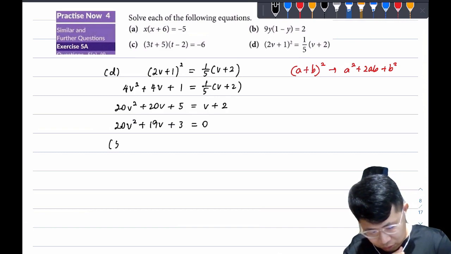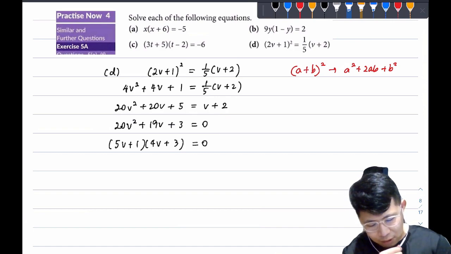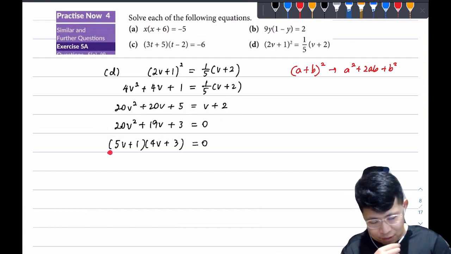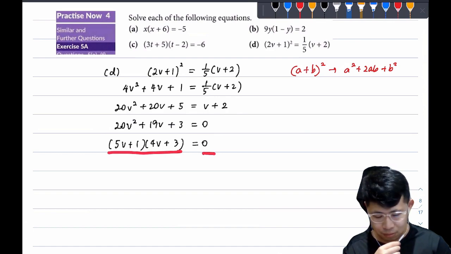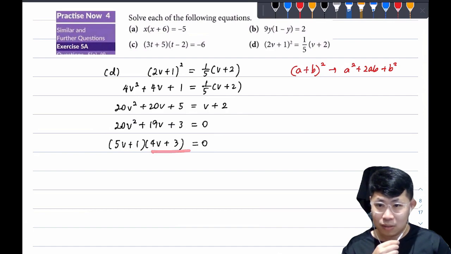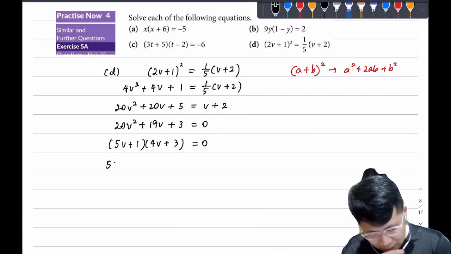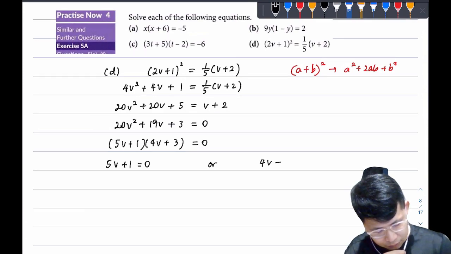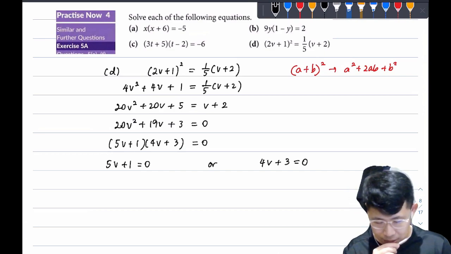So after we factorize, we get (5v + 1)(4v + 3) as our factorized answer. So now finally we have everything on the left and a 0 on the right, right? And we can factorize the left and it's equal to 0, so either a equals 0 or b equals 0. So 5v + 1 equals 0 or 4v + 3 equals 0, right?